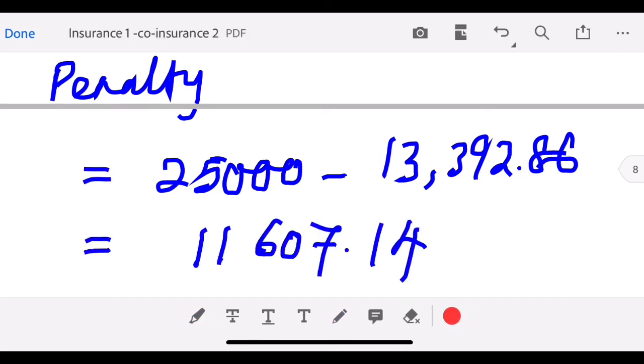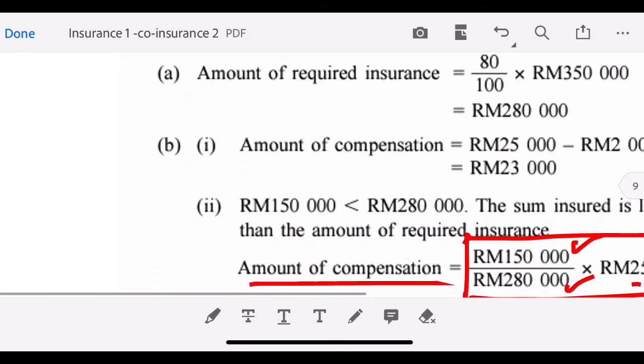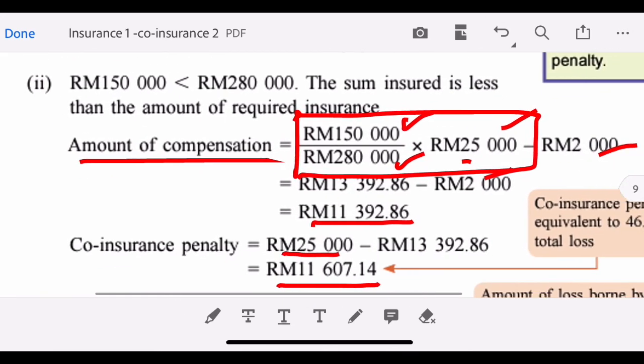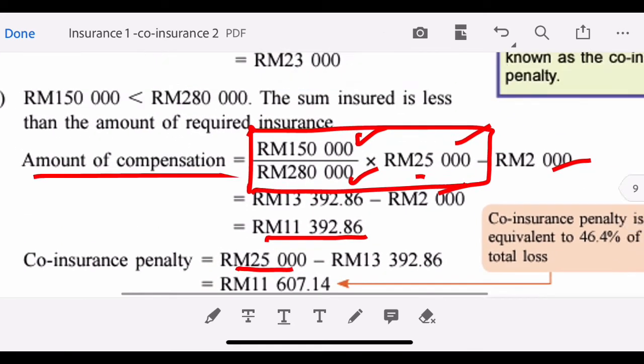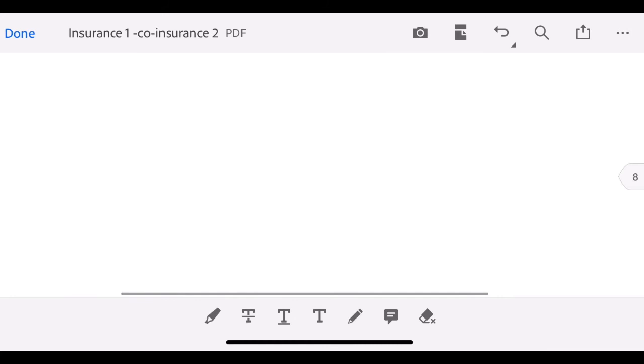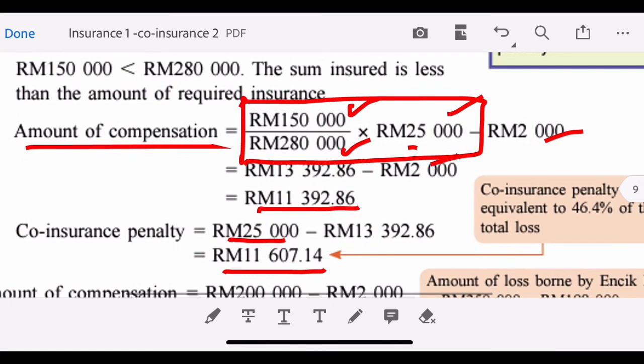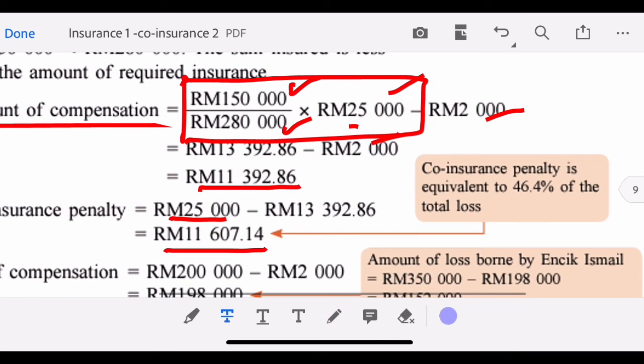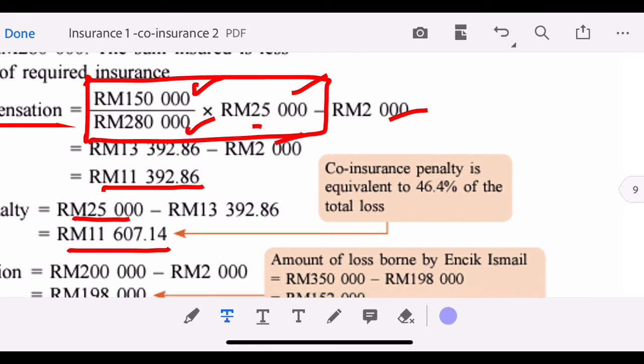This is the penalty incurred by the co-insurance. Okay, so the co-insurance penalty is equivalent to how many percent? We take 11,607.14 divided by 25,000, and times with 100.